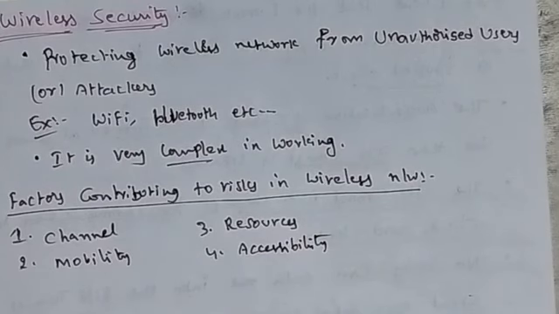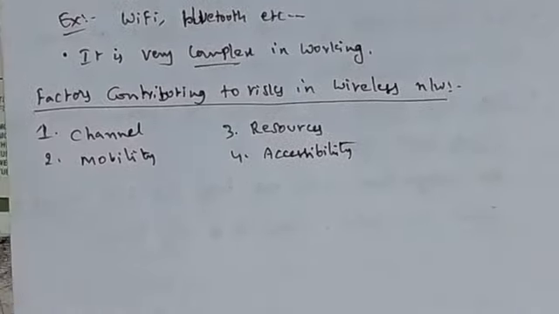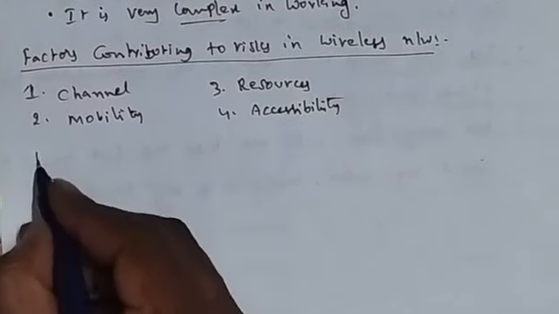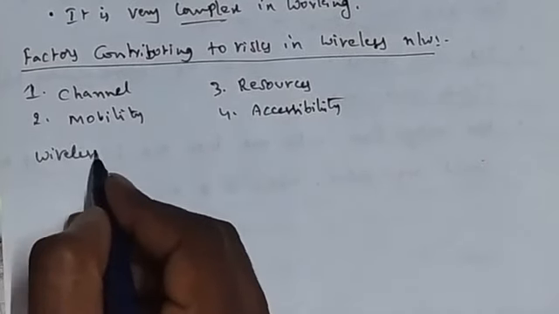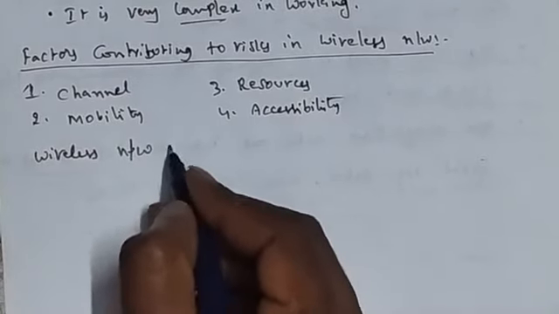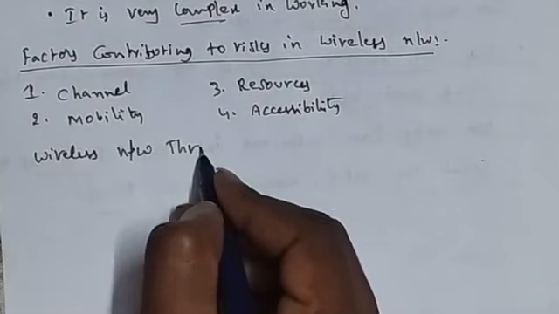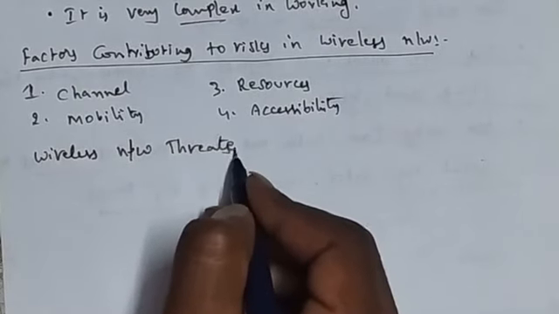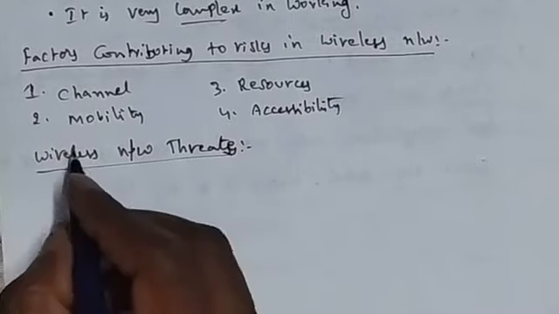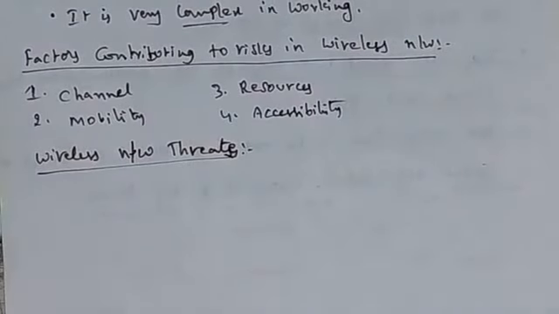Wireless network threats. A wireless device is configured in such a way that to the user it will appear as a trusted device, but actually it is not a trusted device.